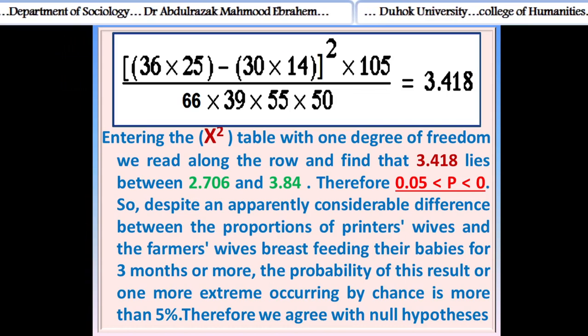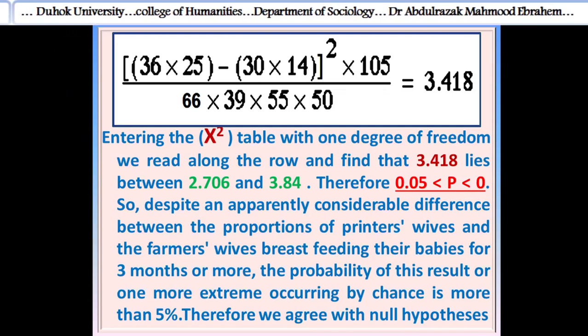Entering the chi-square table with 1 degree of freedom, we read along the row and find that 3.4 lies between 2.7 and 3.8. Therefore 0.05 is less than the probability, or P is less than 0.5.